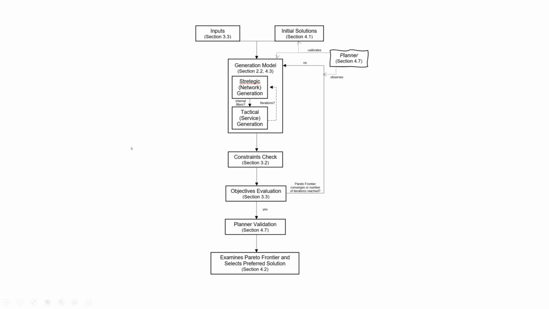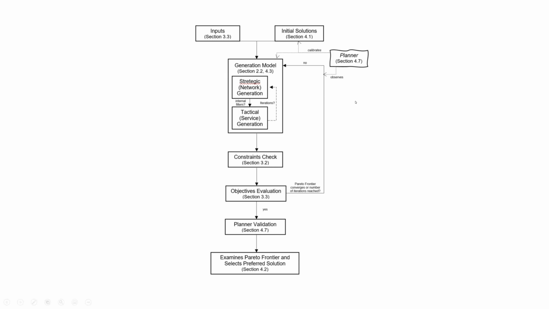It is also possible to consider iterations internally inside the generation model, so that your generator is optimized well enough before it goes into checking your constraints, evaluating your objectives, and then checking against your set performance targets, whether the network is performing well enough already or the number of iterations has been reached.